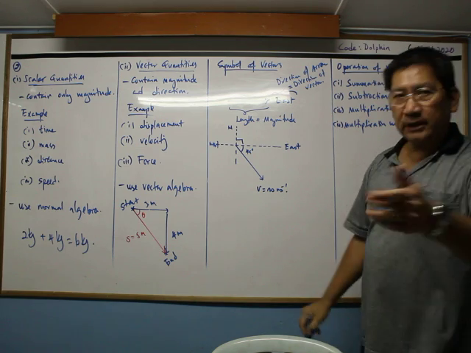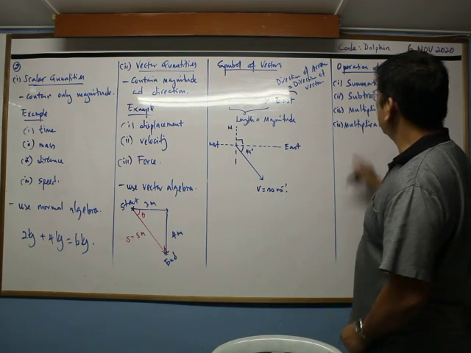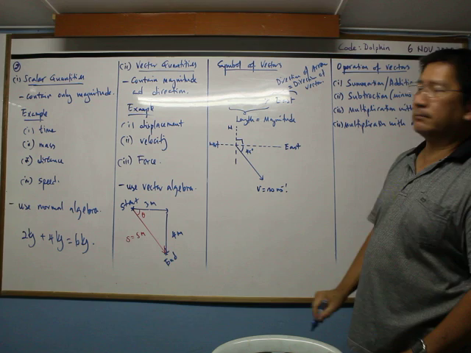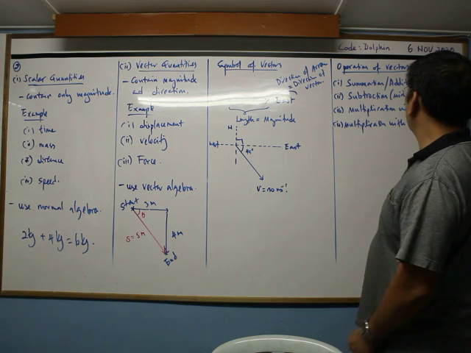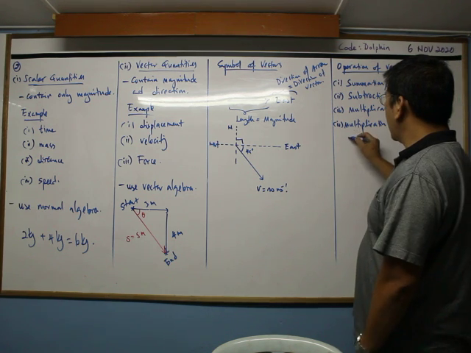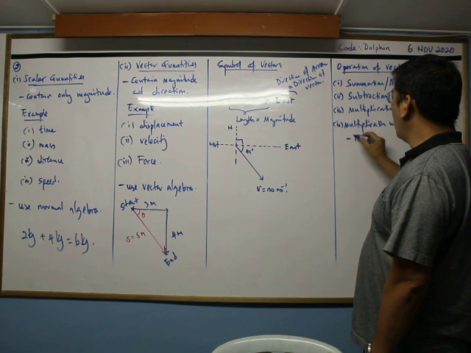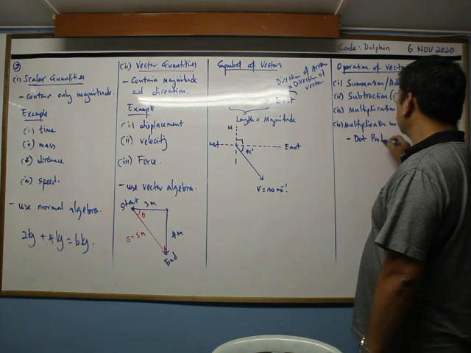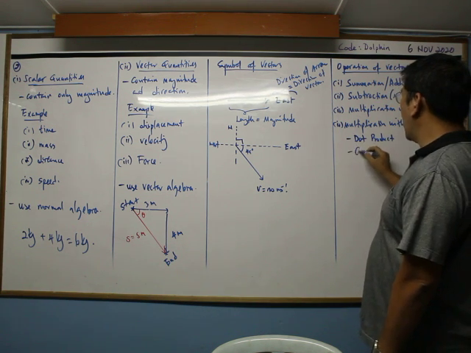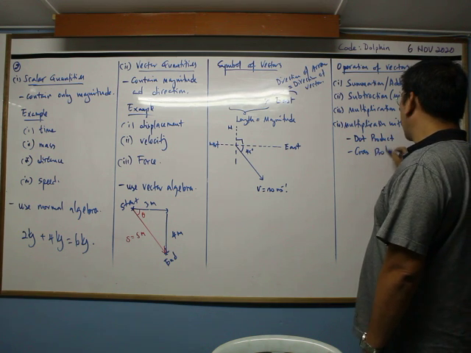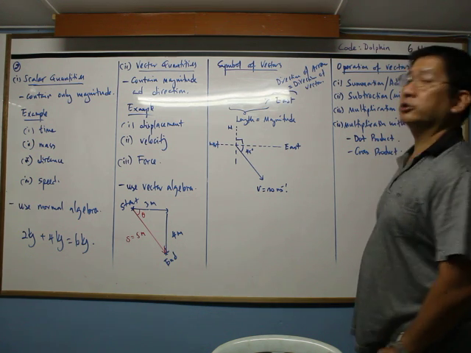That one is of course one of the most difficult, because under multiplication with a vector, you have two types. You have one called dot product, and another one called cross product.